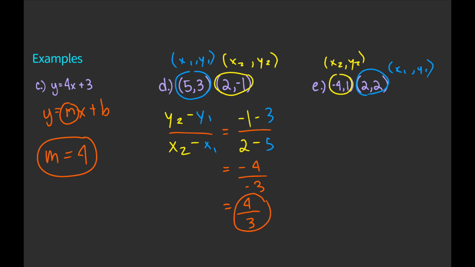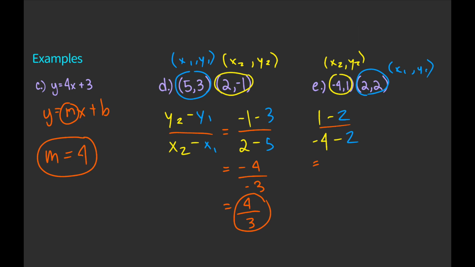I'm not going to write out the formula this time because I know the formula, but if you're just learning this, then of course it's recommended to write down the formula every time you solve this, just to get it in your memory. Alright, so y2, which is 1, minus y1, which is 2, over x2, which is -4, minus x1, which is 2.